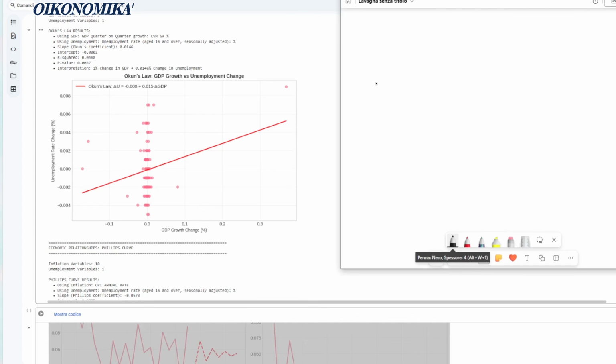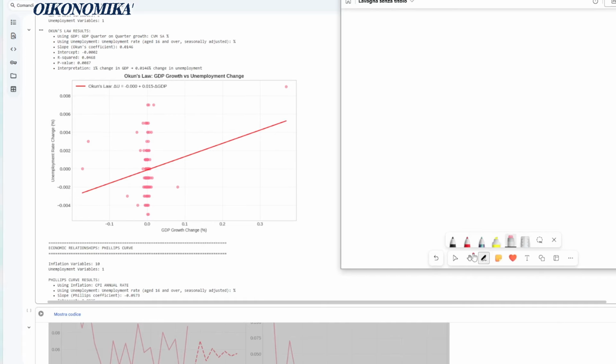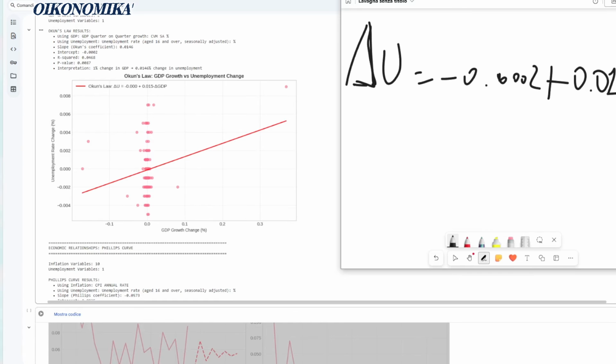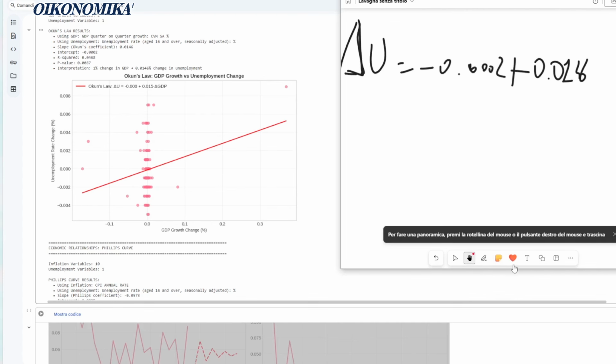So for argument's sake, Okun's law, it's actually the delta in the unemployment. It's equal to minus 0.00002 plus the slope factor, which is 0.0146, times GDP.